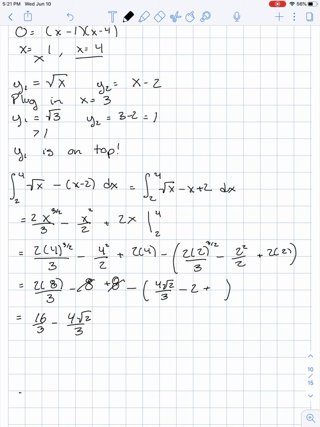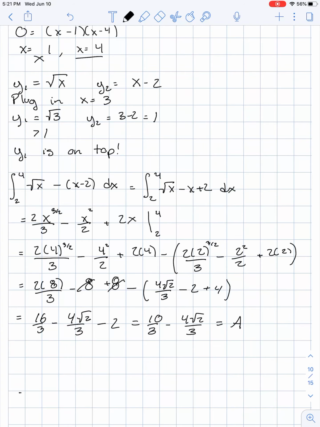This is a 2. And that is plus 4. Okay, there we go. So that is minus 2. Okay, we did it. So that is 10 thirds minus 4 root 2 over 3. Okay, cool. We're not done yet, remember?